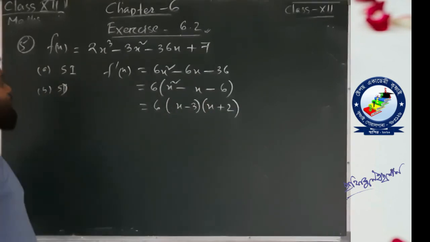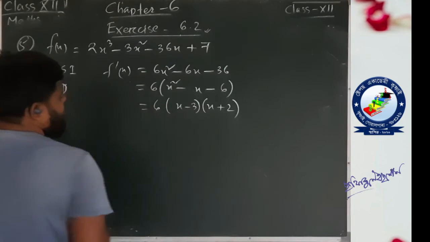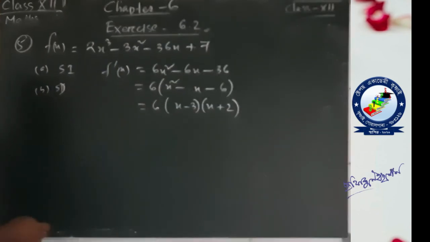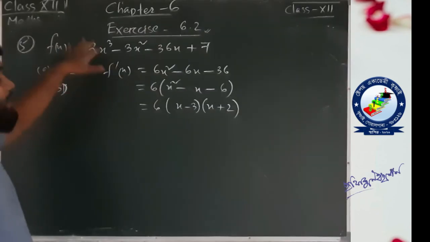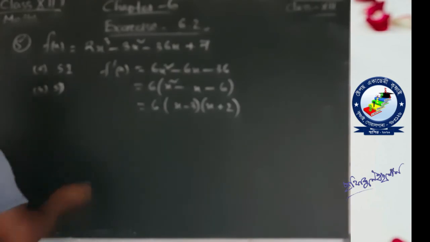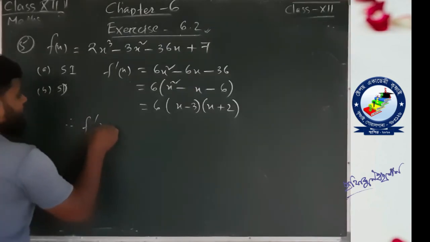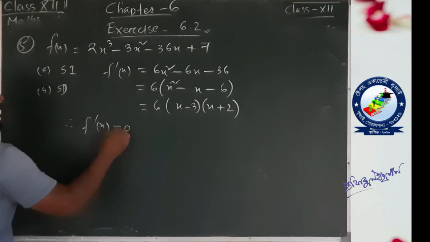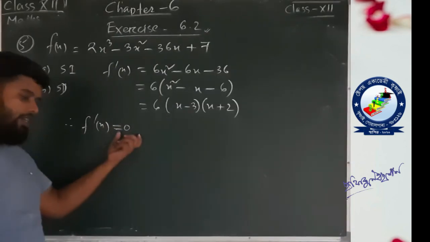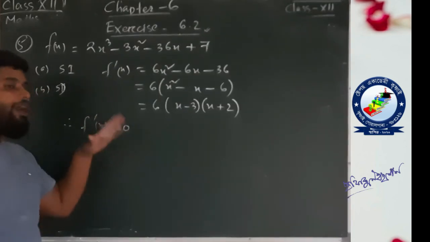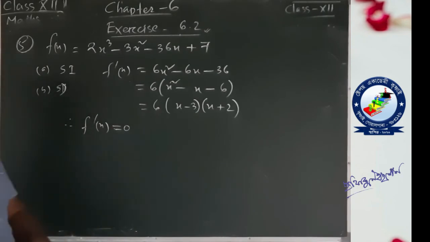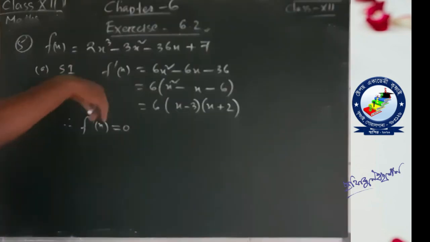Okay, now see this function is this. To solve such kind of problems where we have to find the interval, always remember to take f dash x equal to 0. Why have we taken f dash x equal to 0? From this we will break the interval, wherever it is 0.